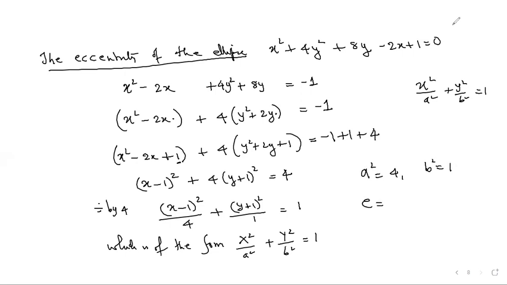Yes, somebody else has given. Yes, J, perfectly right. Root of a square minus b square upon a, root of 4 minus 1 upon 2. Very good. Clevin also, nice. J, nice, good.